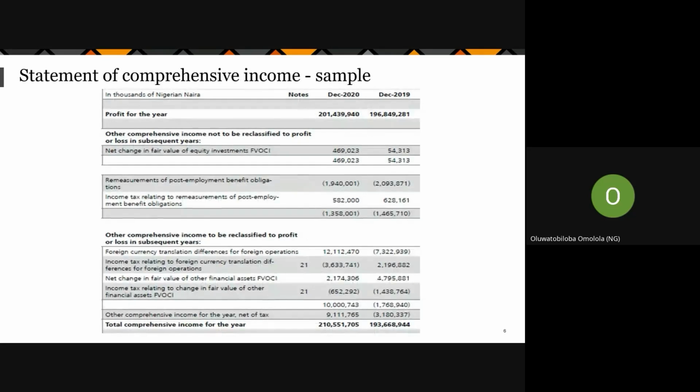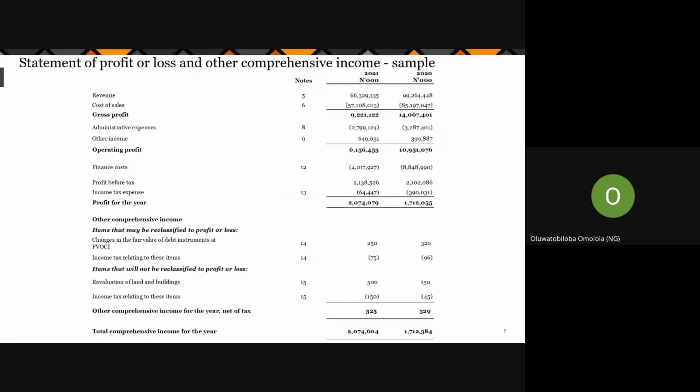Then there's also what we call other comprehensive income. When you make gains in your financials in a particular year that is not relating to your operating activities, right? We call those comprehensive income. So sometimes your profit or loss statement will not just be profit or loss.